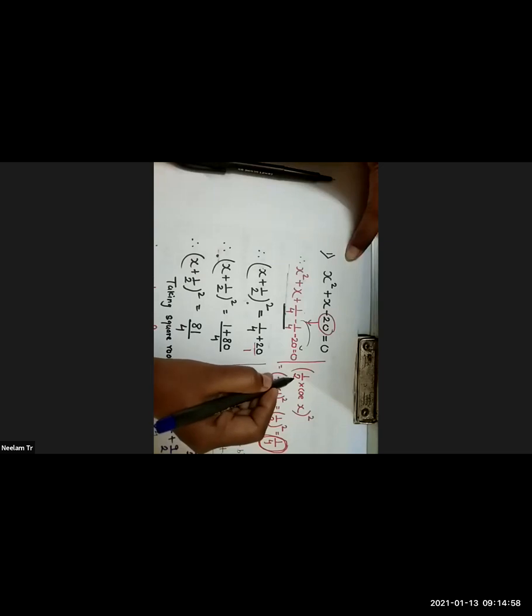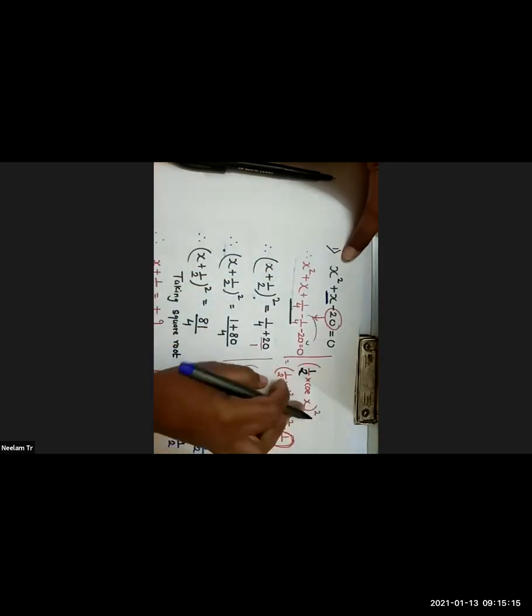All teachers know that for the complete square method, you need to take half into the coefficient of x, the coefficient of x being the middle term's x. Then you are going to square. Half into the coefficient of x, which is 1, so half squared is 1 by 4. By adding this, you will make my equation a perfect square.